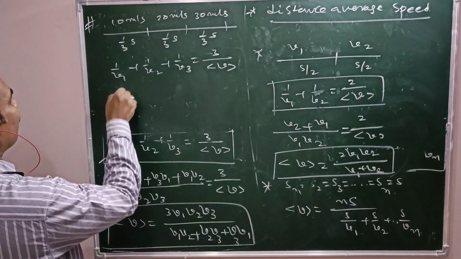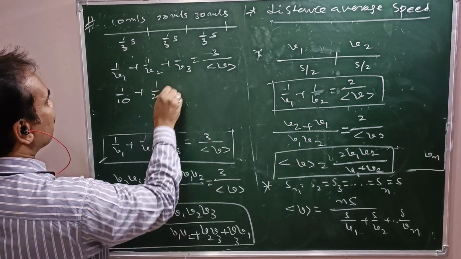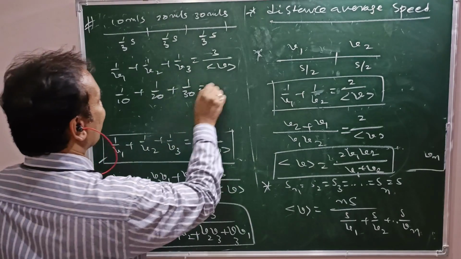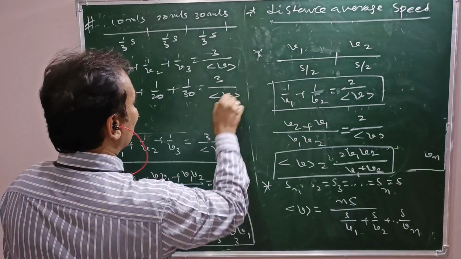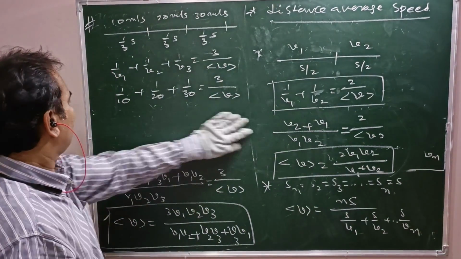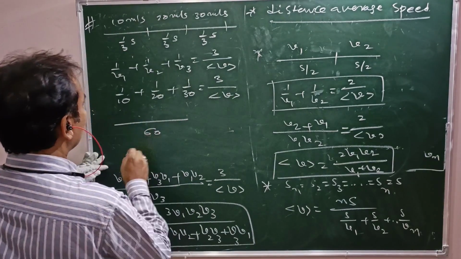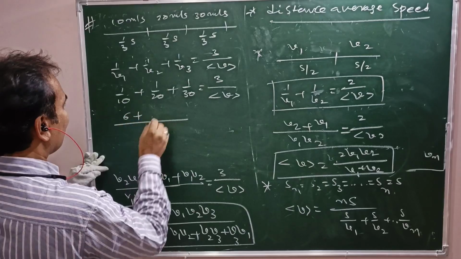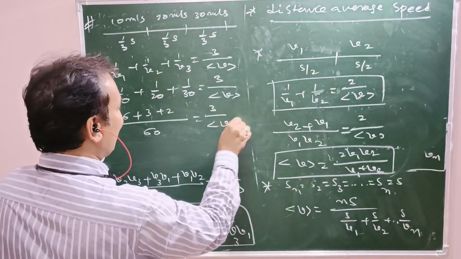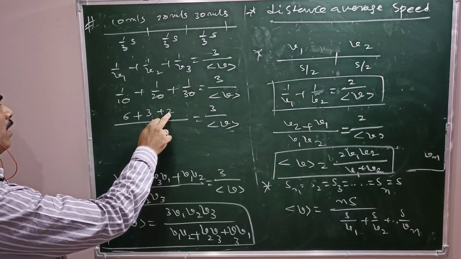That is 1 by 10, since v1 is 10 meters per second, plus 1 by 20, since v2 is 20 meters per second, plus 1 by 30, since v3 is 30 meters per second, equal to 3 by v average, unknown. Now what is the LCM here? 60. That is 6 times here, 3 times here, 2 times here. 6 plus 3, 9, 9 plus 2, 11.